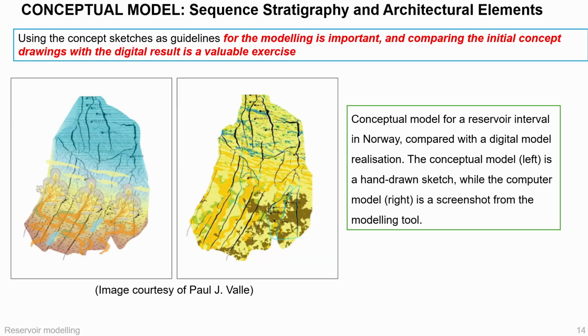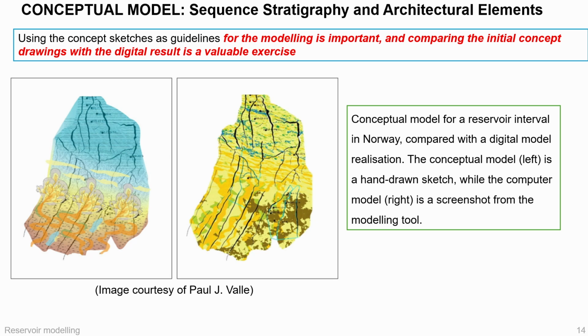This slide highlights a valuable quality check. When you use concept sketches as modeling guidelines, you should compare the digital result with the original concept to see whether you actually captured the intended architecture.